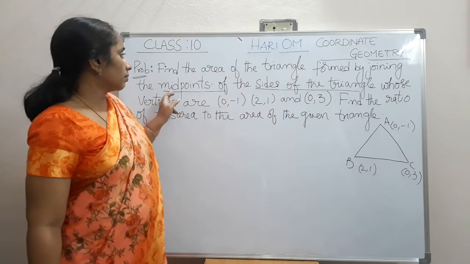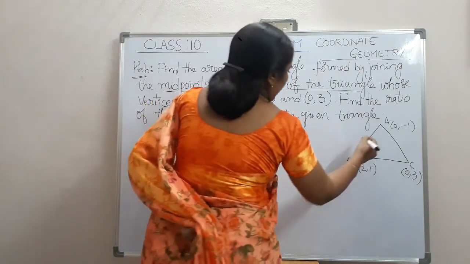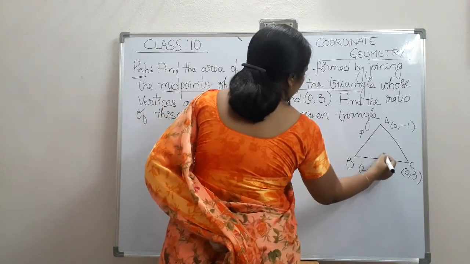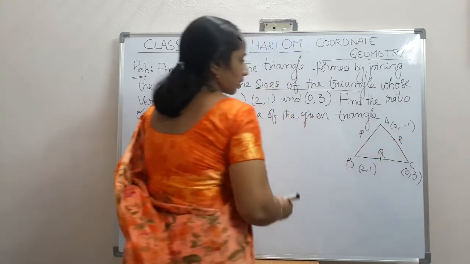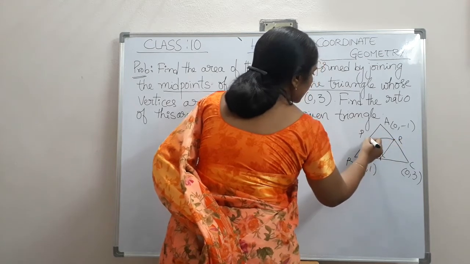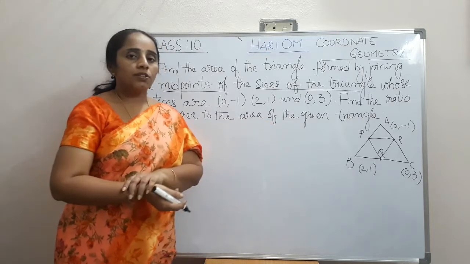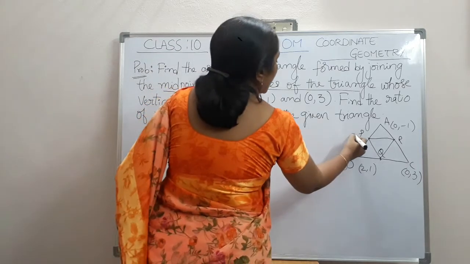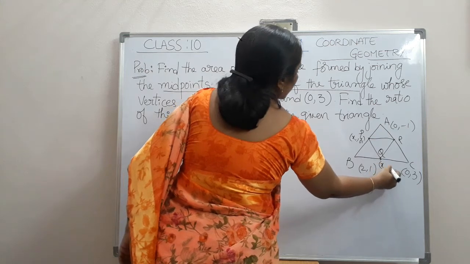Here, take the midpoint of AB as P, BC as Q and AC as R. By joining these three midpoints, we can get another triangle. It is PQR. In this PQR, assume P as (x1, y1), Q (x2, y2), R (x3, y3).